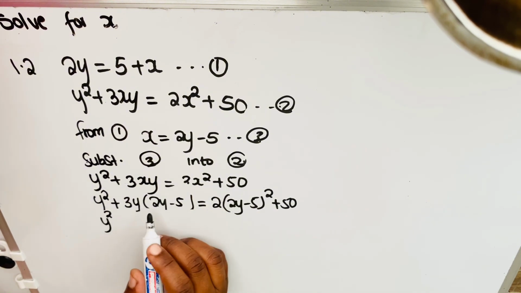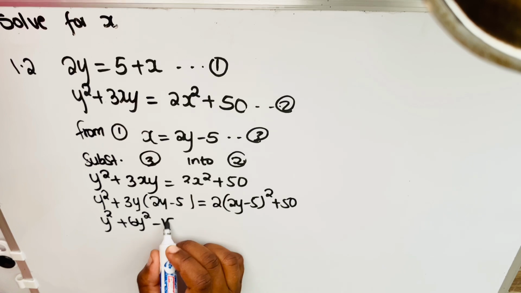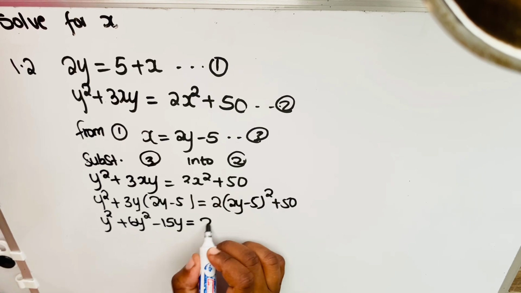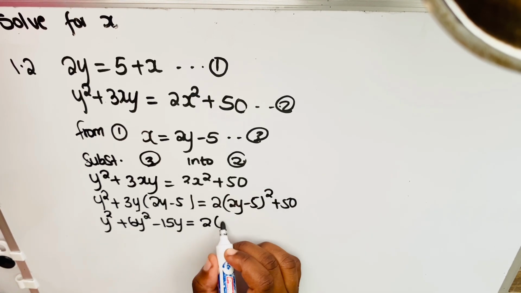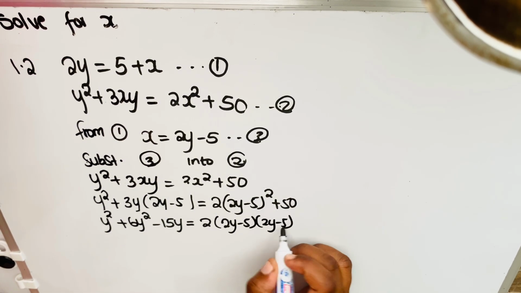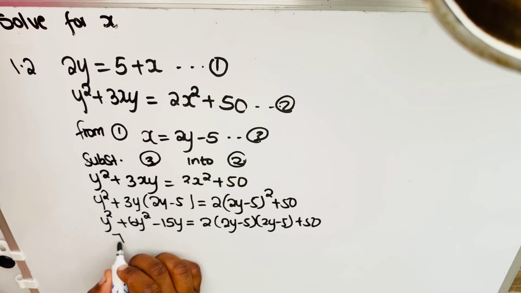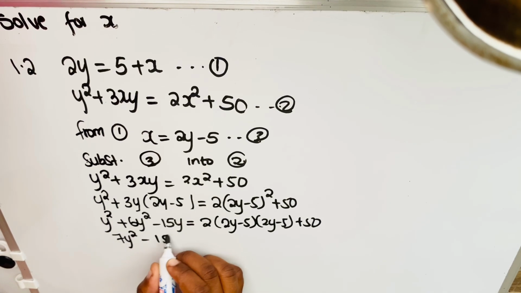Multiply each term by 3y, so it's positive 6y squared minus 15y equated to 2, and the square simply means it multiplies itself twice. Y squared plus 6y is 7y squared minus 15y.